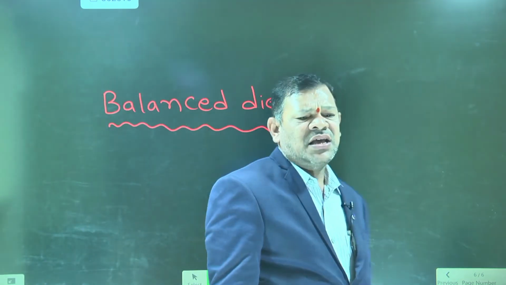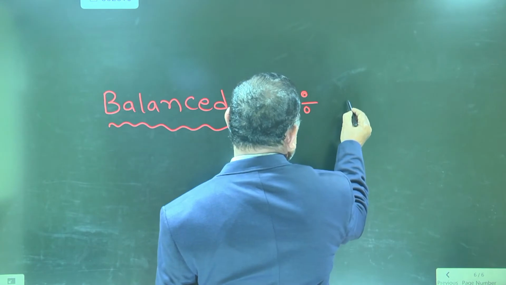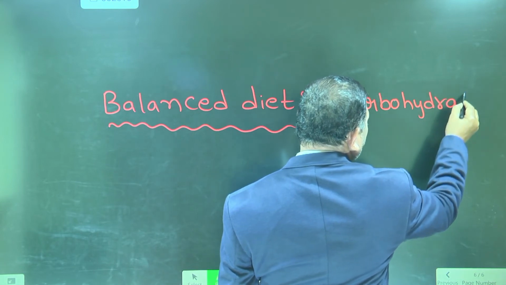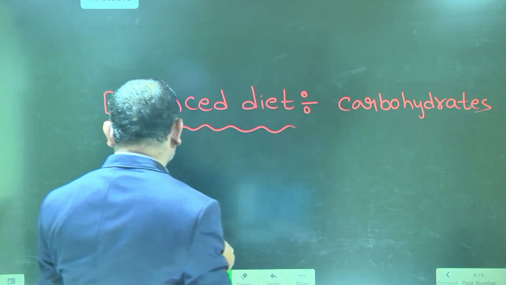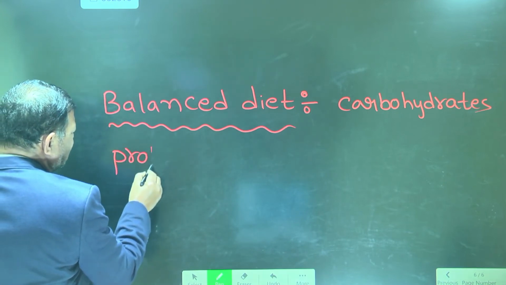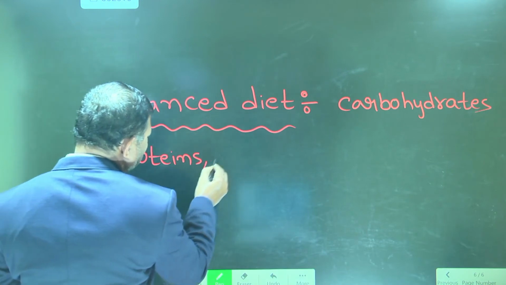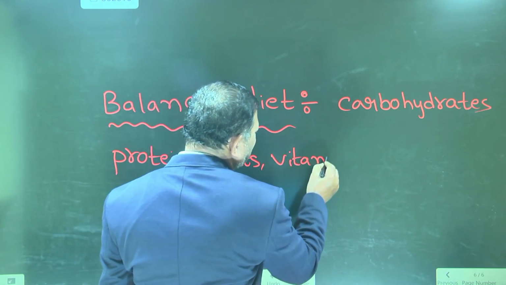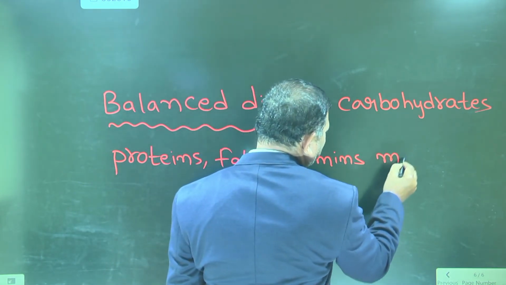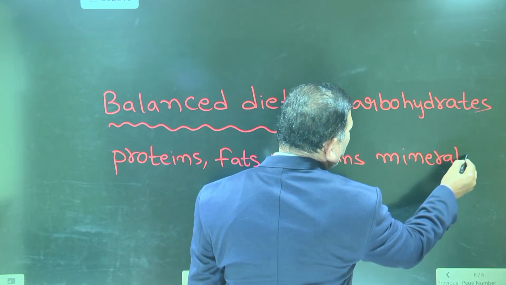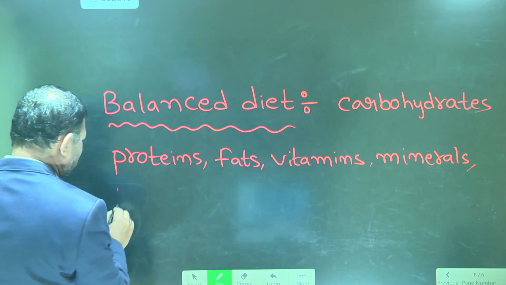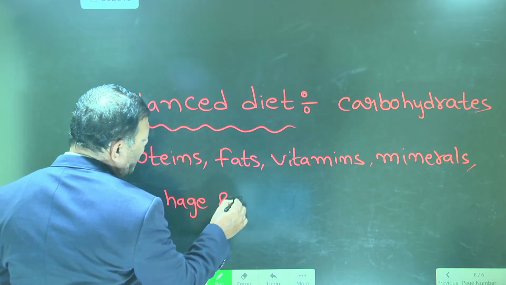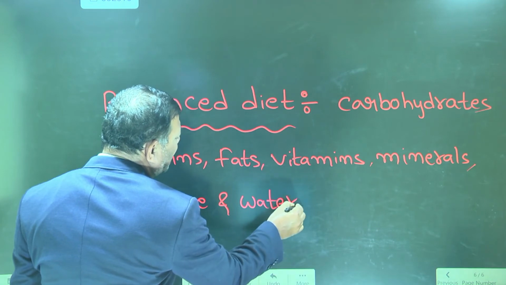Balanced diet means equal proportion of carbohydrates, proteins, fats, vitamins, minerals, roughages, and water.